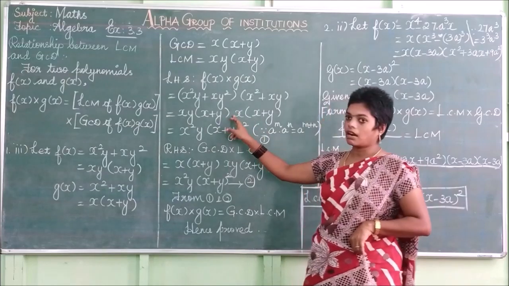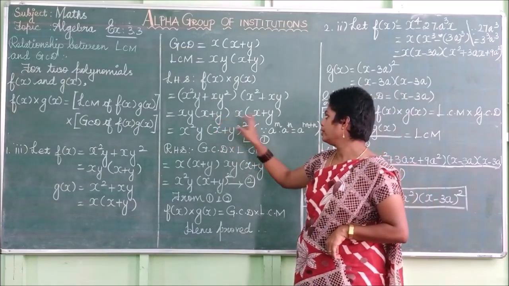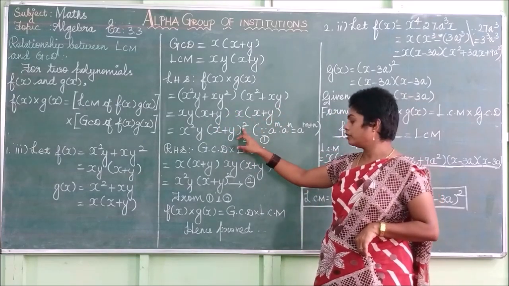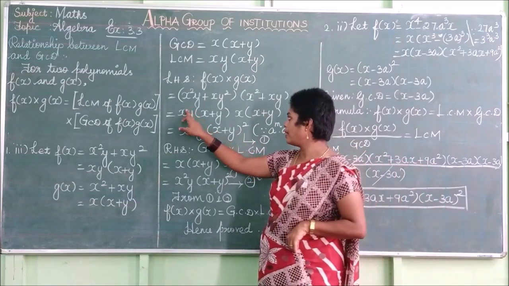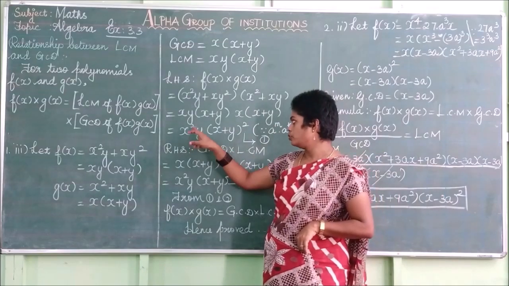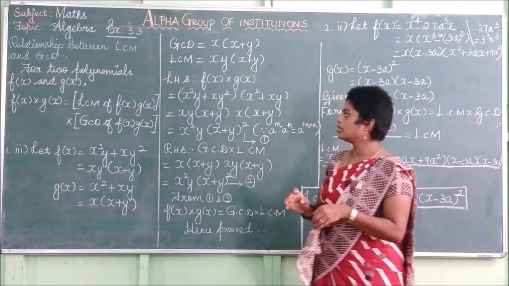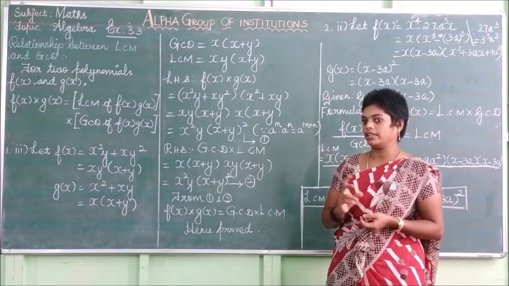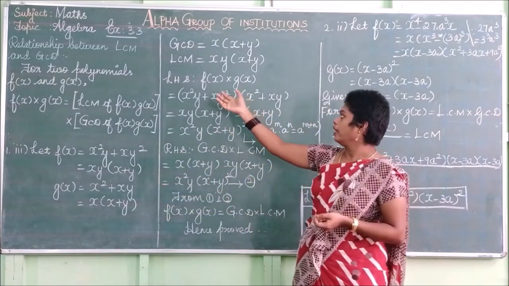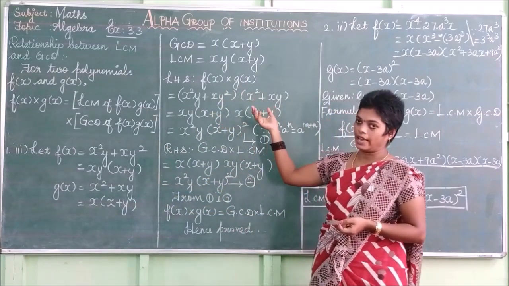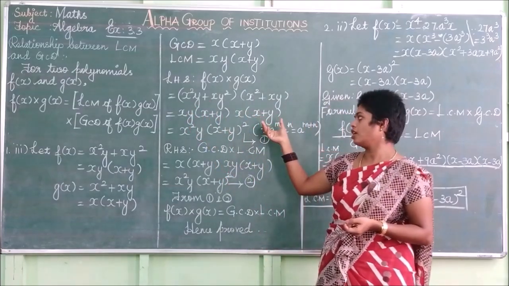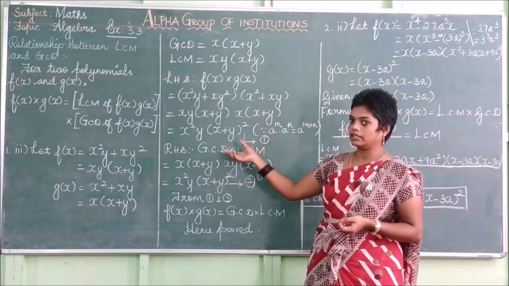So it is in cross, means multiplication. You can take that x plus y power 1 and power 1, which is equal to 2. Then here x power 1, here x power 1. Powers must be added, so x power 2. Then the y term. So listen once again. First you have to find f of x into g of x. You substitute the values, then take the common terms from both f of x and g of x, then multiply the like terms.